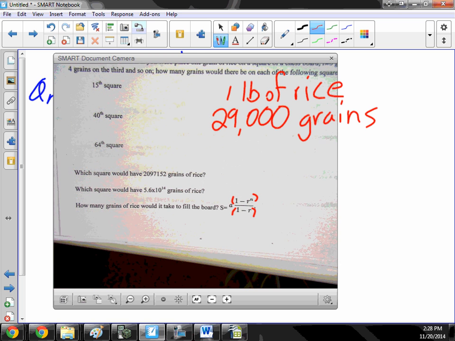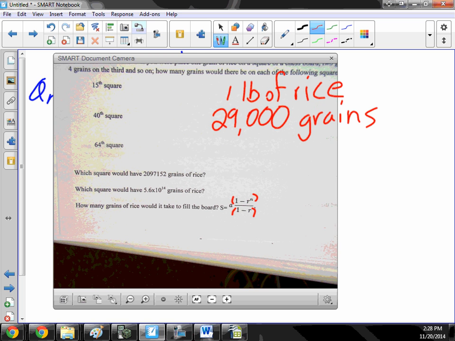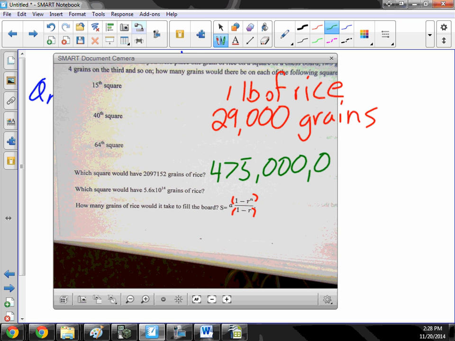Well, instead of looking at people individually, we're going to look at how much the world currently consumes every year. Total. Not individually, total. So, the current world consumption of rice is 475 million tons.